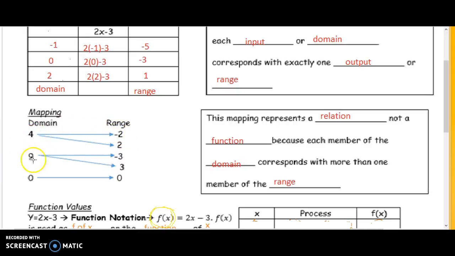When I put 9 into my process, I get either a -3 or a +3. When I put 0 in, I get a 0 out. So I don't know what the process is, but I do know that my input is 4 and I get 2 choices for outputs. So this mapping represents a relation and not a function, because each member of the domain corresponds with more than one member of the range.